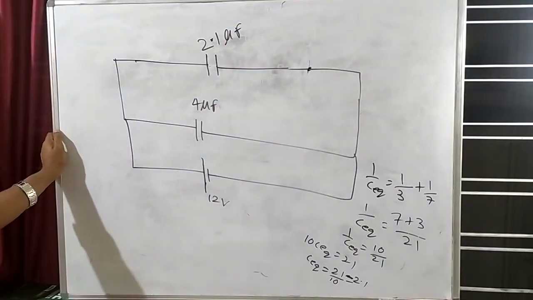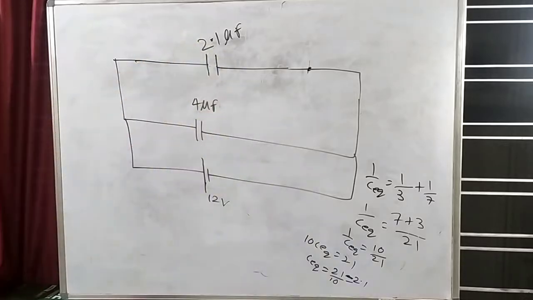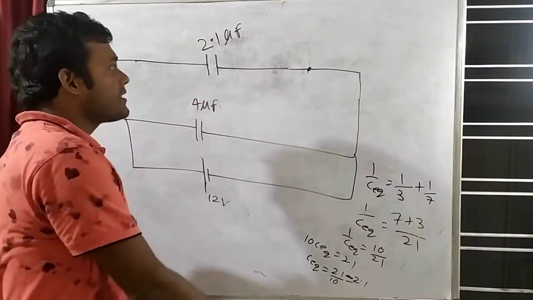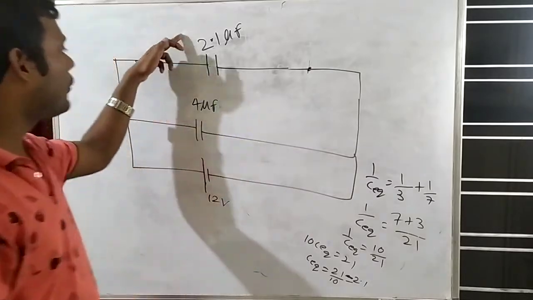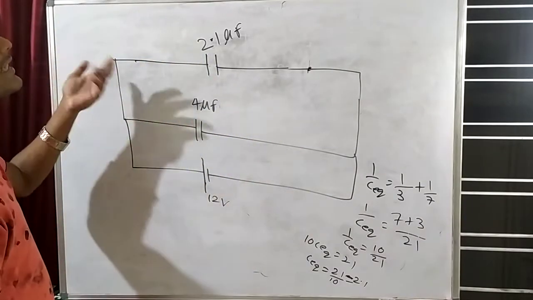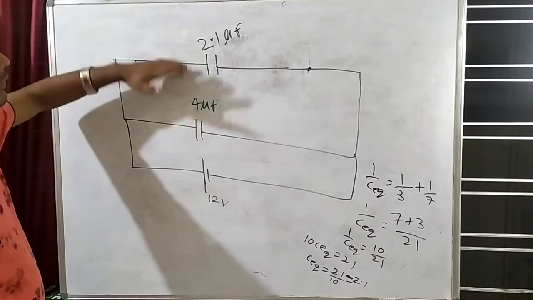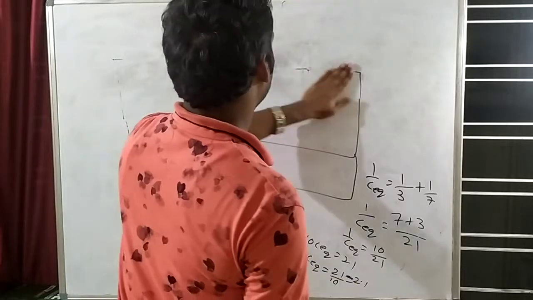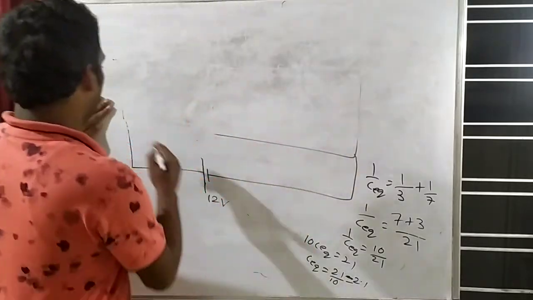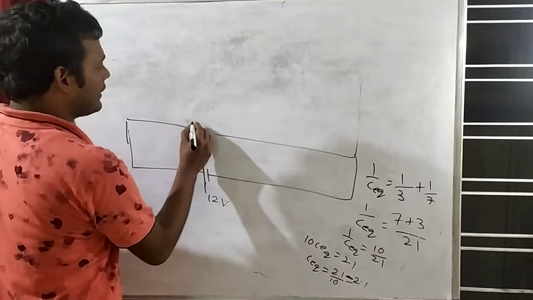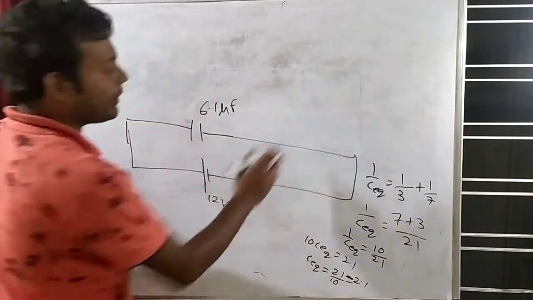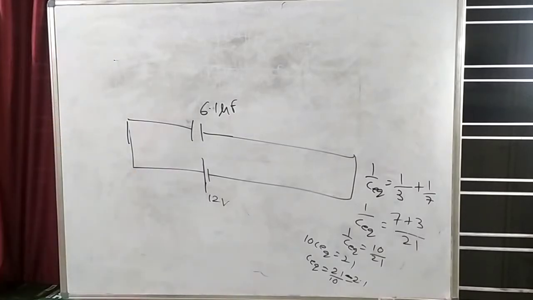If these two are connected in parallel, the formula for equivalent capacitance is C1 plus C2. So 2.1 plus 4 is 6.1. So we will replace these two by a single capacitor, and that will be 6.1 microfarad. That will be the answer for the equivalent capacitance. Clear?